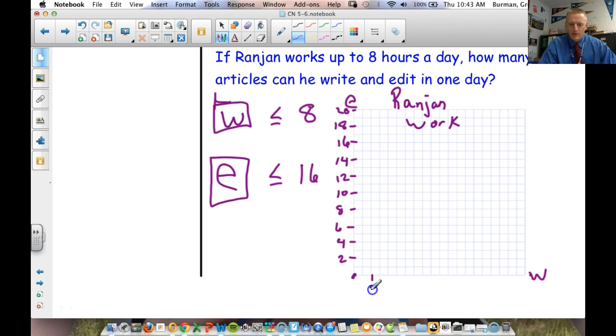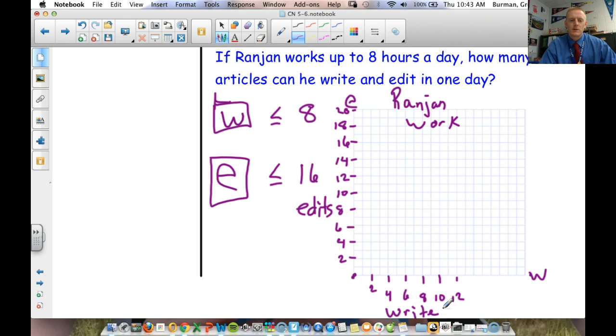Over here we'll have a 2, 4, 6, 8, 10, 12. So our y-axis is the number of edits, and our x-axis is the number of papers that he can write.